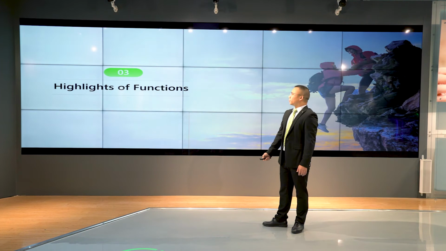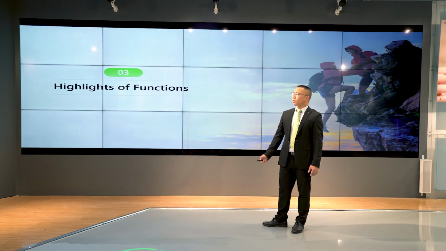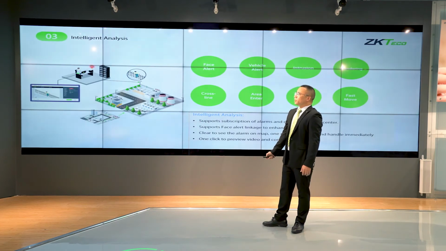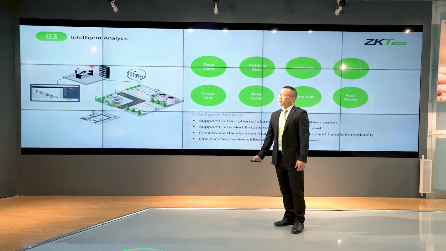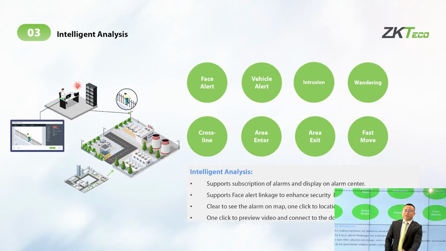The third part, we talk about the highlights of the functions of the ZKBio CVSecurity. The highlight is very interesting, the intelligent analysis. Intelligent analysis for face, people, car, objects, all integrated in the platform.